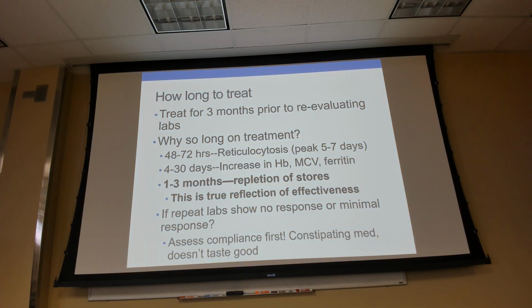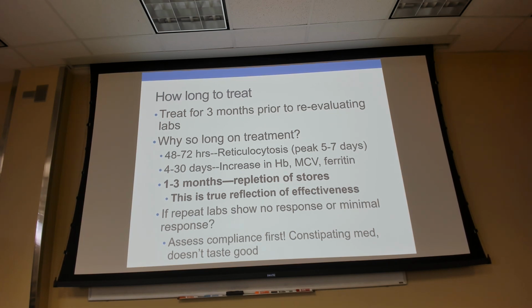Why do you treat it for 3 months? Yes, that is the life cycle of a red blood cell. So we need to have a full life cycle to be able to see how our treatment works with that. If you're looking to see, am I on the right track?